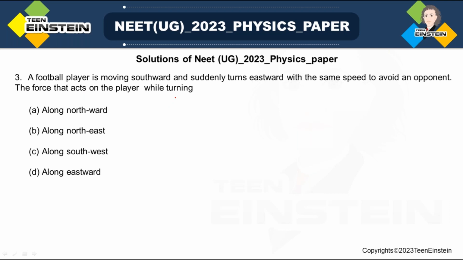So this is a nice problem. Let us see. Suppose this is north, this is south, this is east, and this is west. So initially the football player was moving towards southwards, this way.